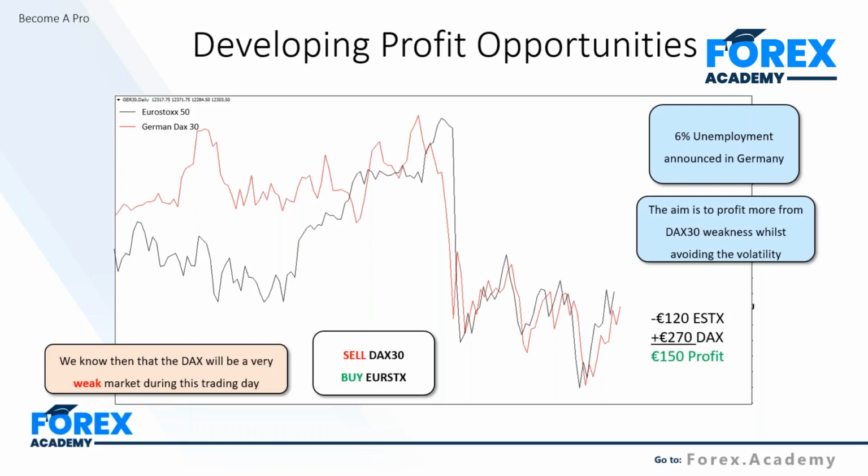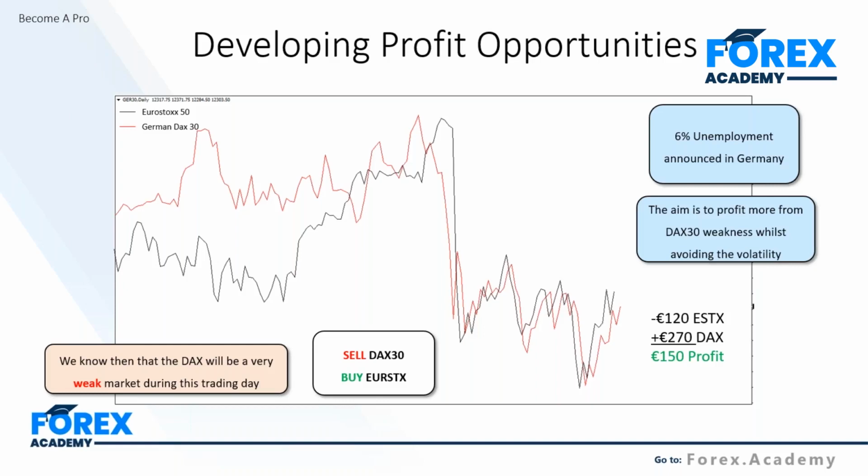That might raise some questions. Well, the markets are going to be weak today. You know, Robert, why would we like to actually make that trade? Shouldn't I just sell the DAX? You could, of course, look to sell the DAX, but you're looking to mitigate risk. You're looking to perhaps protect yourself from any sort of movement. You know that the German DAX is going to be weaker than the market.